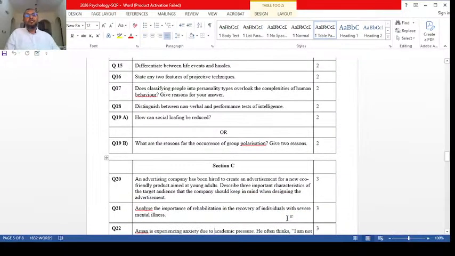State any two features of projective techniques. Projective techniques are built on the basis of projection, a defense mechanism, and through these techniques we assess unconscious motives and desires of people. First point: projective techniques use unstructured stimuli.